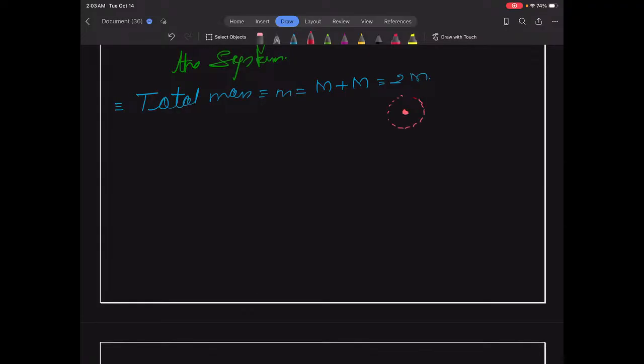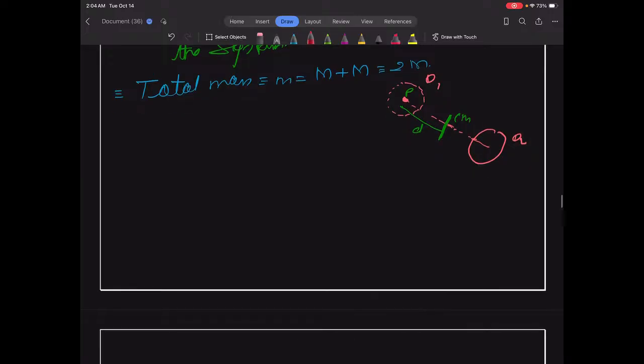This is the upper disc and our lower disc. This is our D1 and D2, and we assume that the center of mass is somewhere here, at a distance d from the point of pivot P. So we can find out the distance to the center of mass.